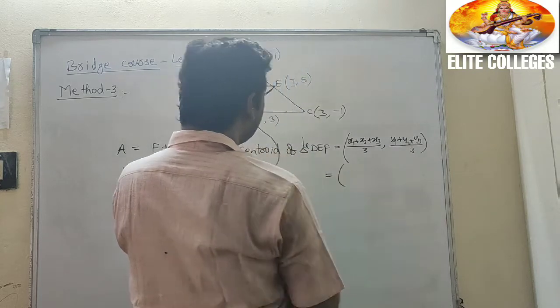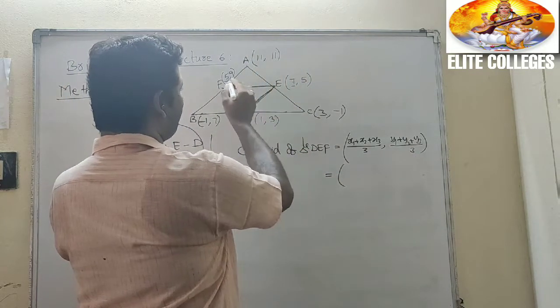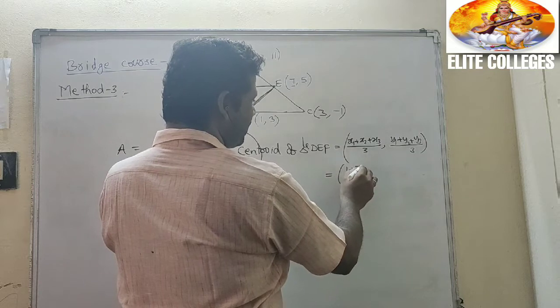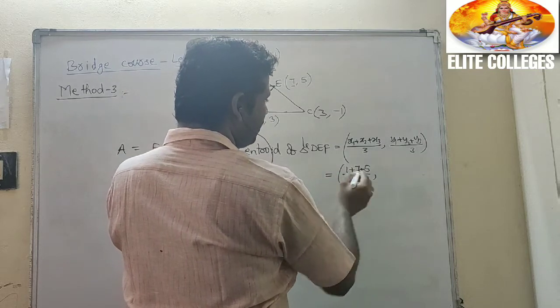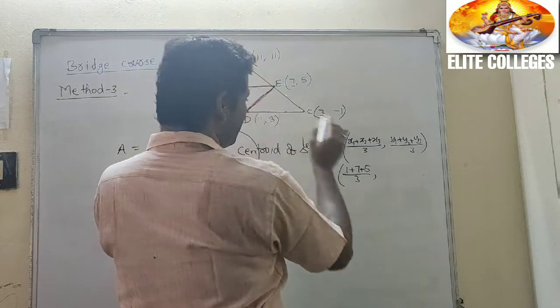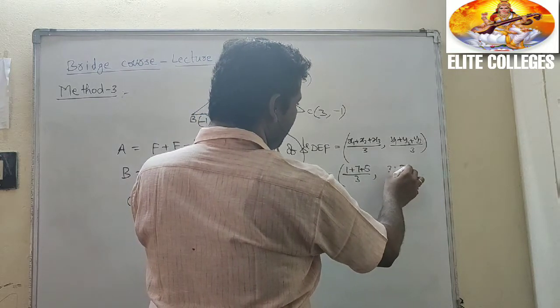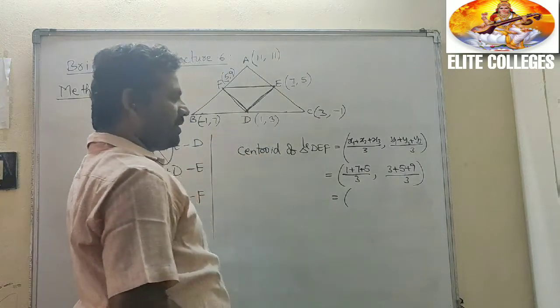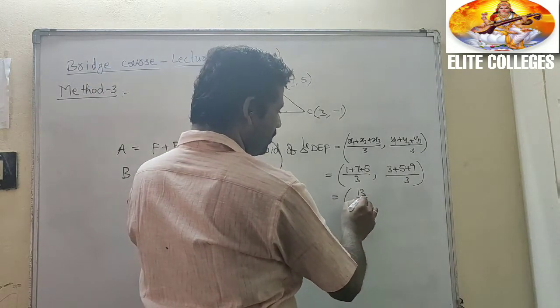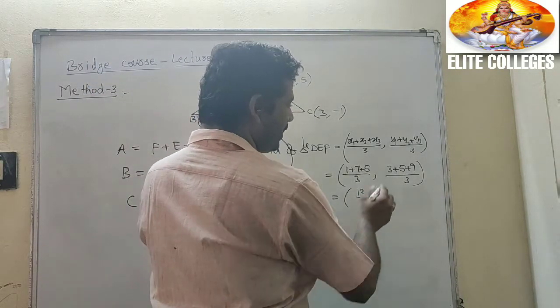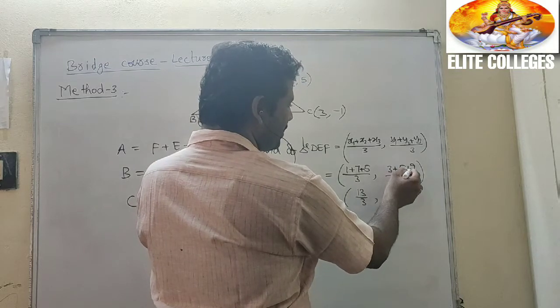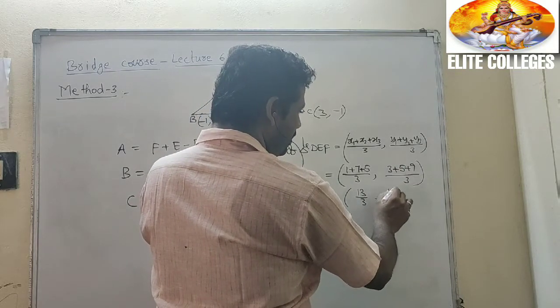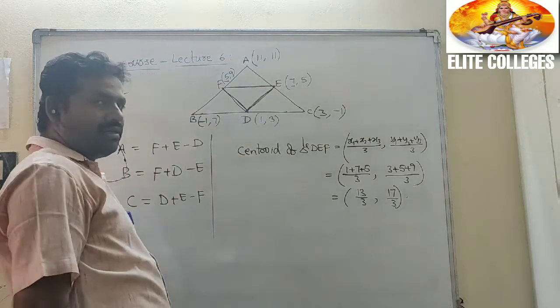So what is this equal to? 1 plus 7 plus 5 by 3 comma 3 plus 5 plus 9 by 3. What is this equal to? 13 by 3 comma 17 by 3. So this is the centroid of triangle DEF.